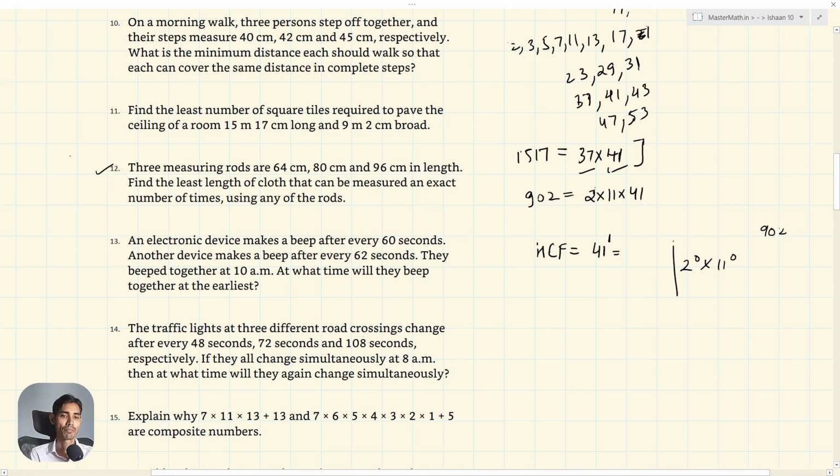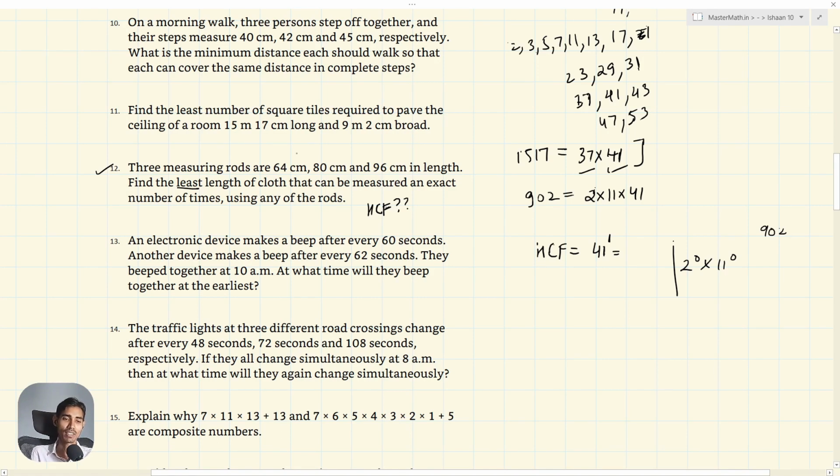Okay, what's the question asking? Three rods, 64 centimeter, 80 centimeter, 96 centimeter, and you need to find the length of the cloth that can be measured in exact number of times. I thought it was HCF because it said least, and till now, whichever had least was HCF. That's the confusion. Don't go with these words. I mentioned these are confusing.